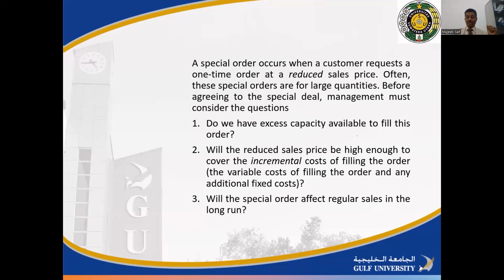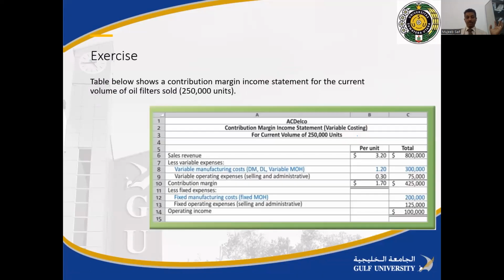They want to purchase 10,000 tables, but the price is less. As long as I have capacity, I can think about this order, and the sales price paid by the customer should at least be higher than the variable cost, right? So then I will think about this further.